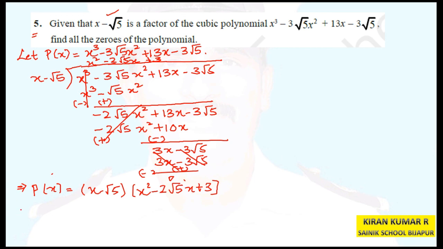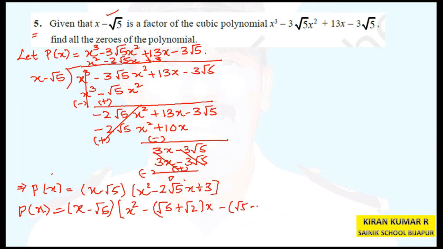Let me write it as p of x is x minus root 5 times, this I will write as x square minus root 5 plus root 2 times of x minus root 5 minus root 2 times, plus 3.